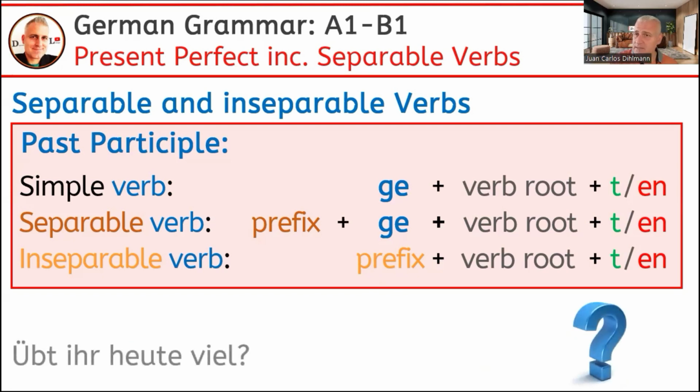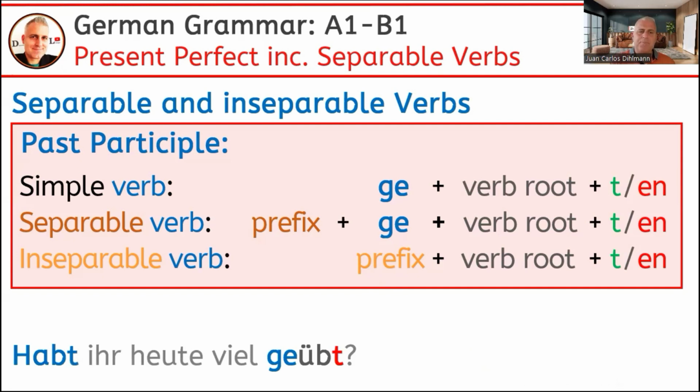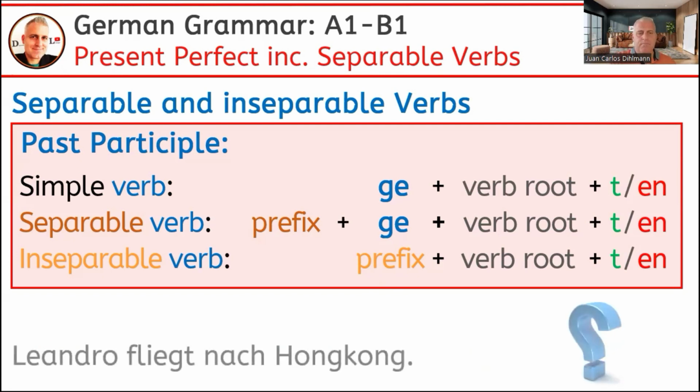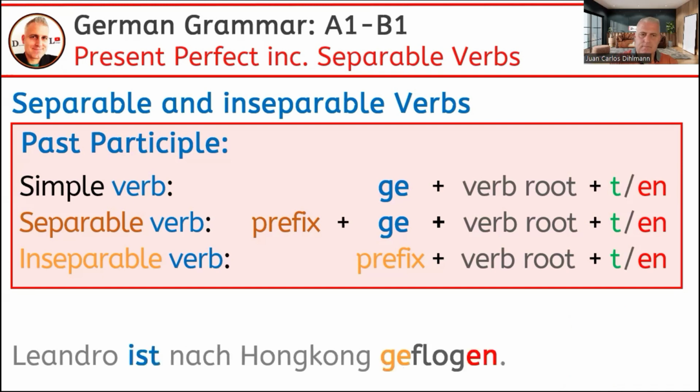Next sentence. Übt ihr heute viel? Okay. Habt ihr heute viel geübt? Okay, just a simple verb and also a regular verb. Leandro fliegt nach Hongkong. Leandro ist nach Hongkong geflogen.